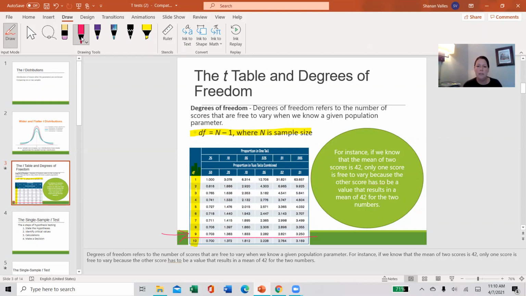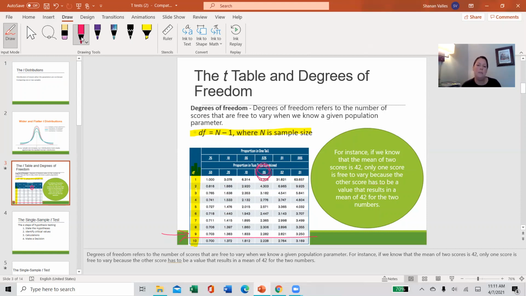Now, convention, or just the way it is in social sciences, we use the 0.05 alpha level. Okay, we set our probability at 5%, so that we have a less than 5% chance of making a false positive.